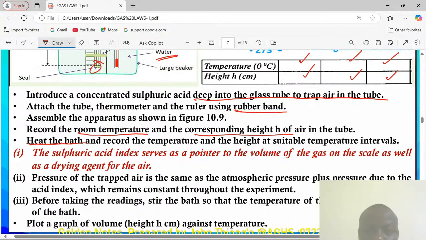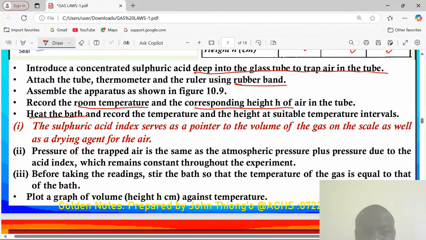Roman 1. We are given some notes here. The sulfuric acid index serves as a pointer on the scale, as well as a drying agent for the air. Look at this.